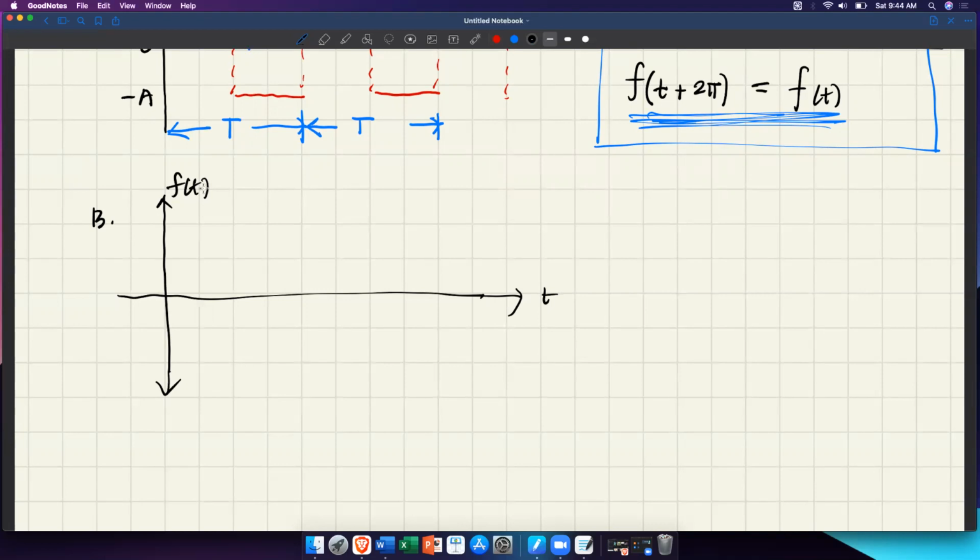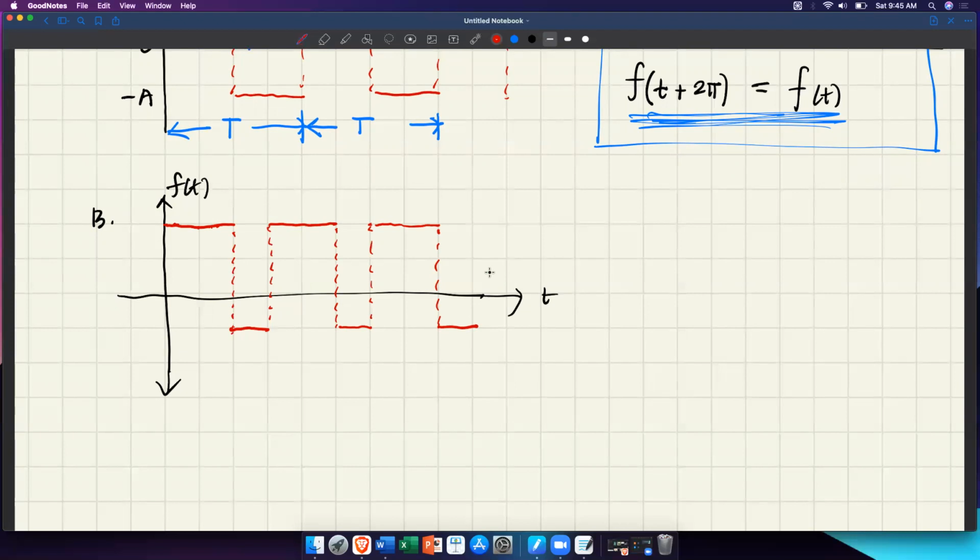The function goes from that point to that point to this point, and then another part of the waveform. This is how a periodic function is defined. The graph will continue until t equals infinity.